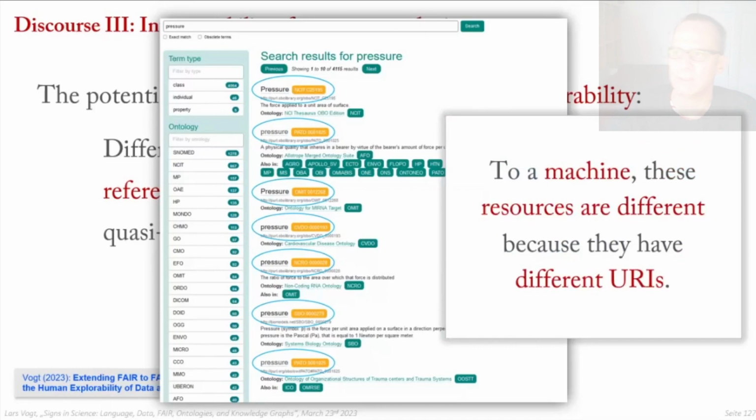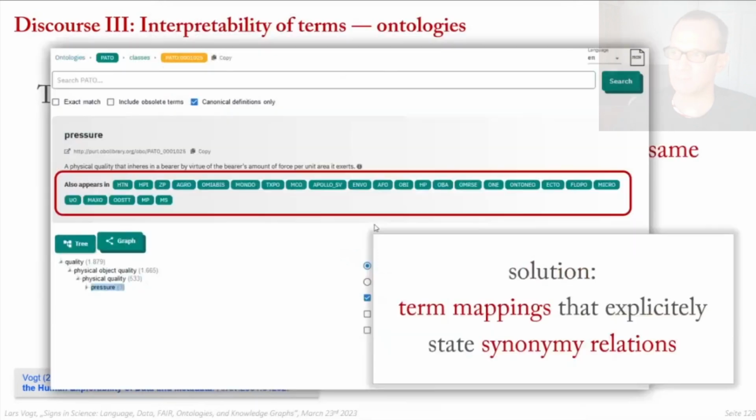So how do I deal with that? To a machine, these resources are different because each one of them has a different URI. So how does a machine know that we're talking basically about the same thing? If I use pressure from PATO and you use pressure from NCIT, for instance. So the solution is we have to explicitly state that these are synonyms.